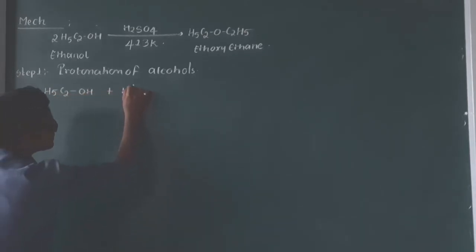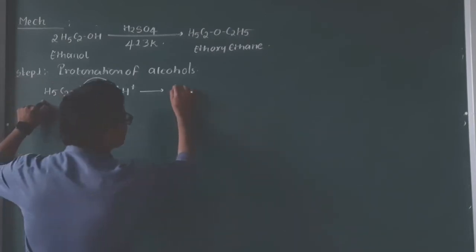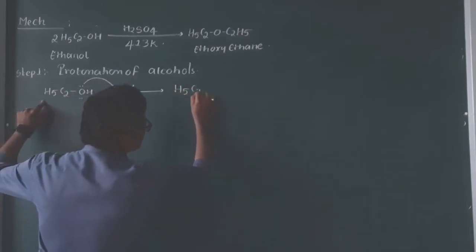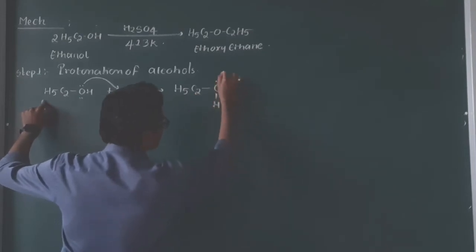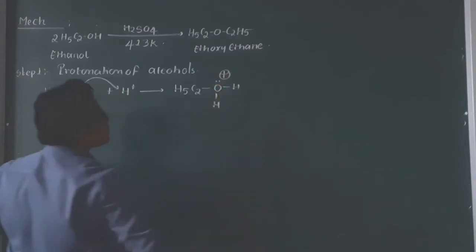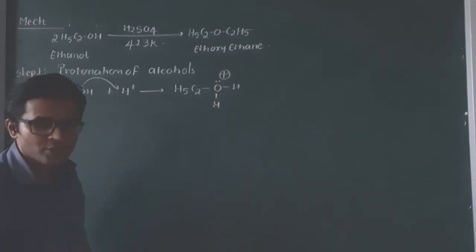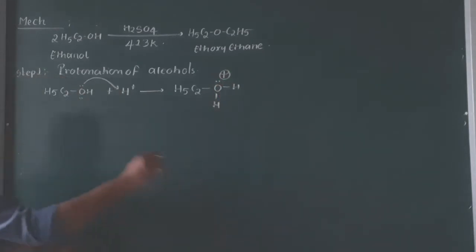This ethanol is going to get protonated by a hydrogen, that is a proton. It reacts over here. This is how the oxygen is going to attack the proton, eventually yielding us C2H5OH and H over here. So this is the oxygen with a positive charge. Correct.